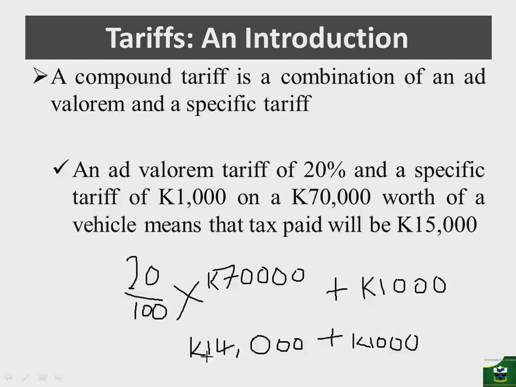When you add 14,000 plus 1,000, you end up with 15,000 kwacha. Therefore, the total tax paid is 15,000 kwacha, and this is the compound tax, which comprises the 14,000 ad valorem plus the 1,000 specific tax.